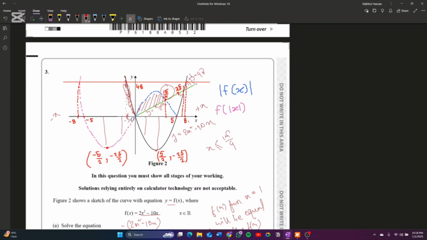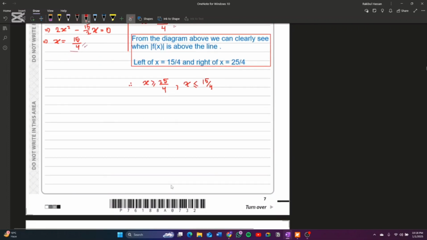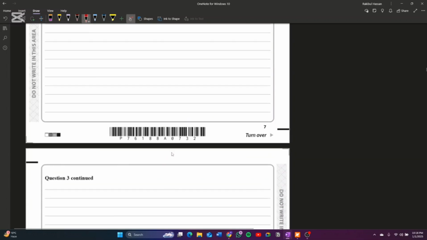See, from this point on, the curve has greater value than this line. Therefore x will be greater than or equal to 25 over 4. And this is exactly what we have written, that x will be greater than or equal to 25 over 4 and less than or equal to 15 over 4.